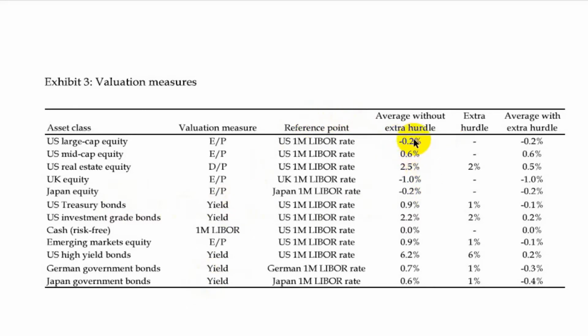So it looks like this is the average without the adjustment, and then here's the column with the adjustments. So they're subtracting by 2%, by 1%, 2%, so on and so forth, like we just discussed, to get to the average adjusted hurdle rate.